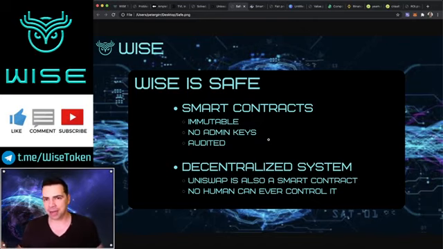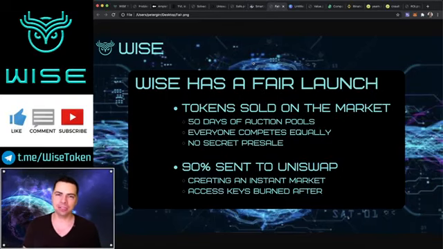That's just as bad, because if you control a lion's share of the supply off the get-go, especially if it's for free and you didn't even have to pay for it, then that's a way worse system than something that is a fair distribution and decentralized in that way. So the Wise team holds no tokens. Everything is completely fair, and we're going to talk about that in a minute right here. In fact, let's get right to it.